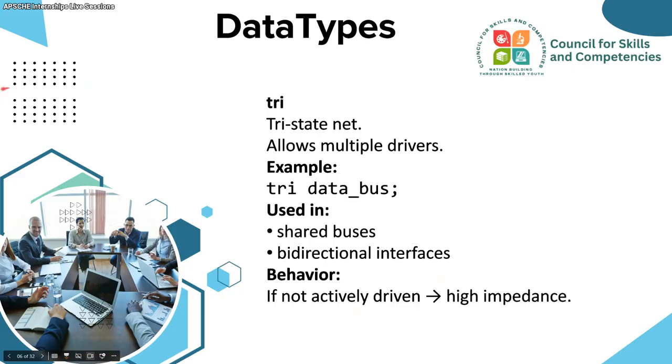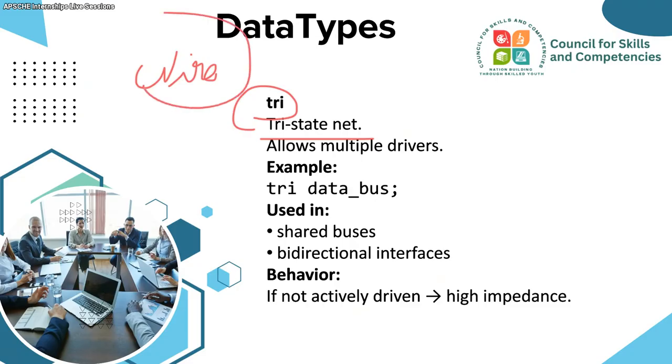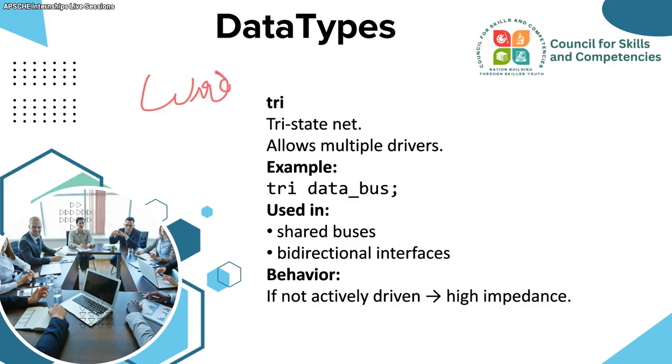The next data type is tri, the tri-state net. Actually, wire will also work for a tri-state net. For historical reasons, they kept this tri. So mostly wire and tri work the same, but for historical reasons, they kept tri also.